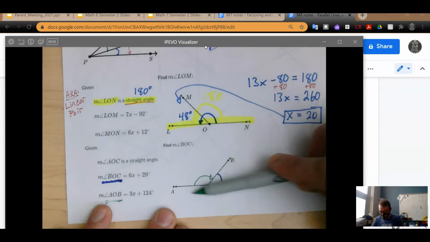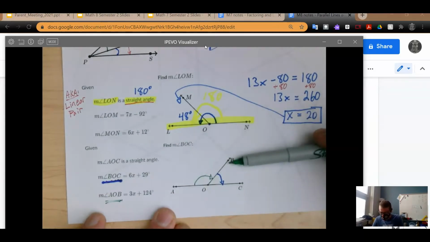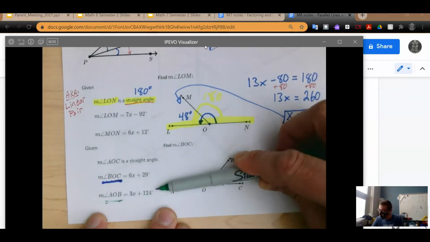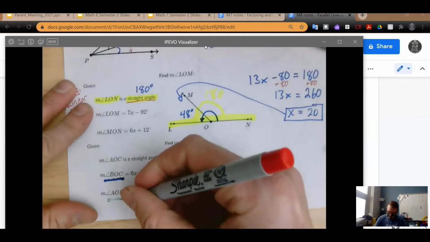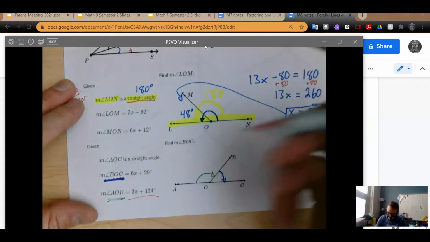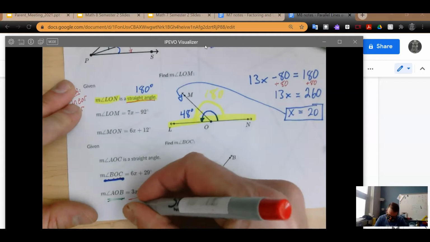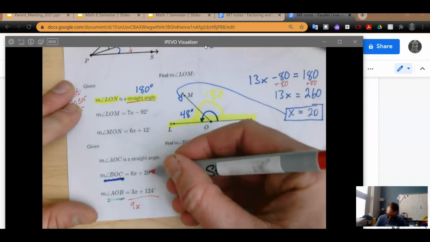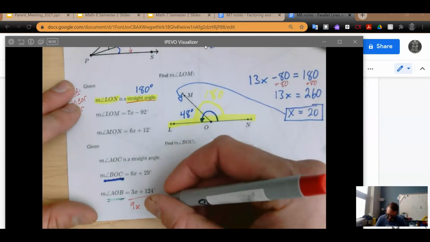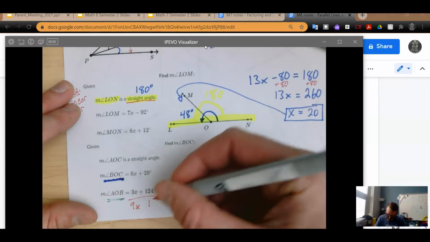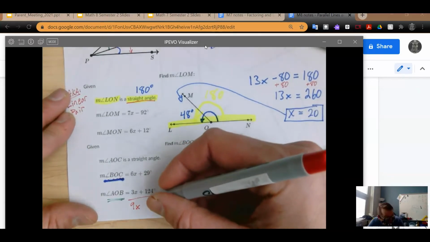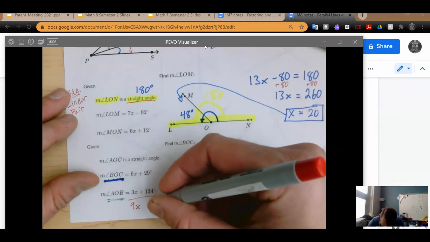So, AOB, 3x, oh, we're going to put these together again. Guys, we could just do it over here. Let's set it up like an addition problem. 6x, 3x, 9x, 29, 124, 153.